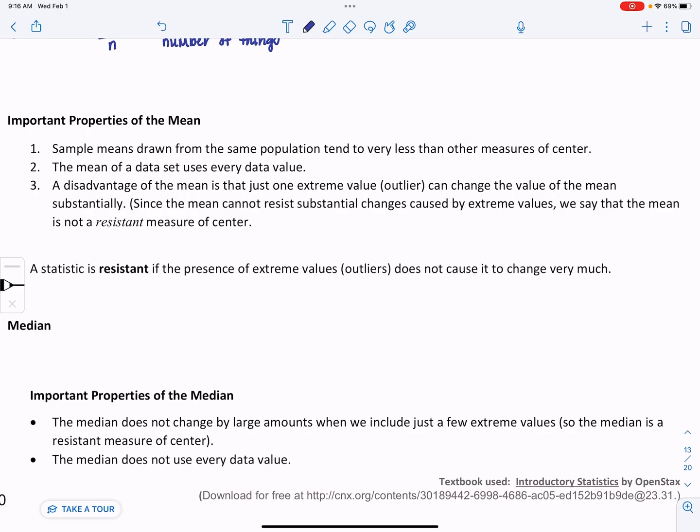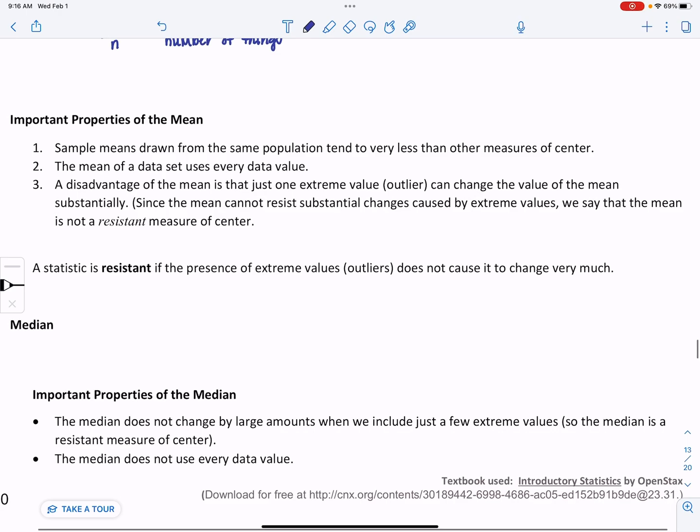Sample means drawn from the same population tend to vary less than other measures of center. What that means is if we take a population and out of that population we take several smaller samples, maybe this group is a sample and this group is a sample and this group is a sample.